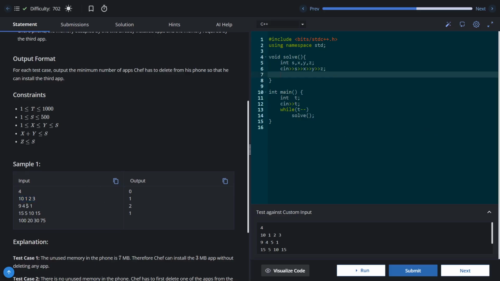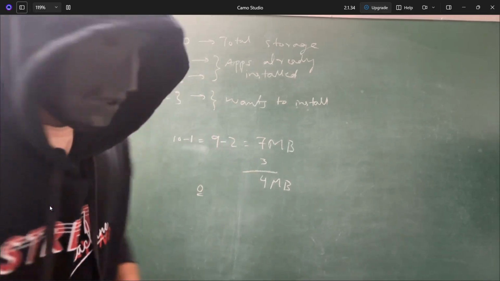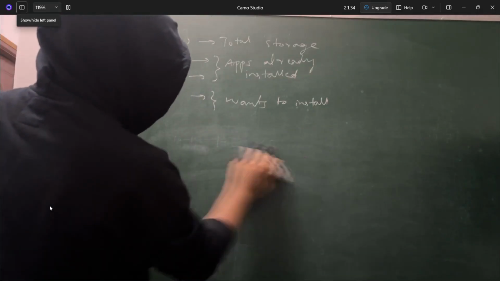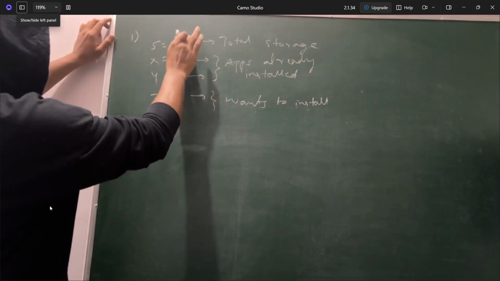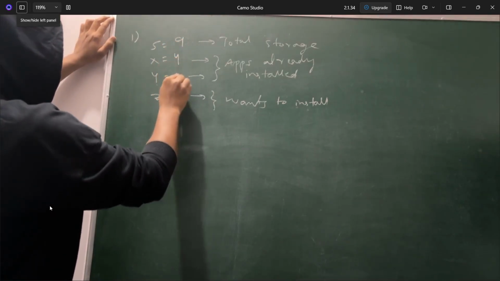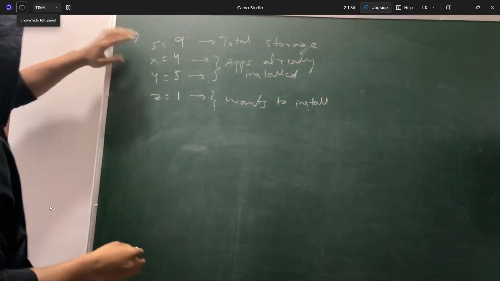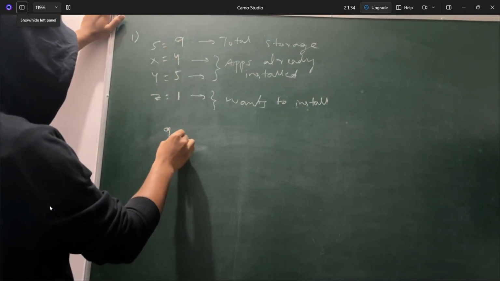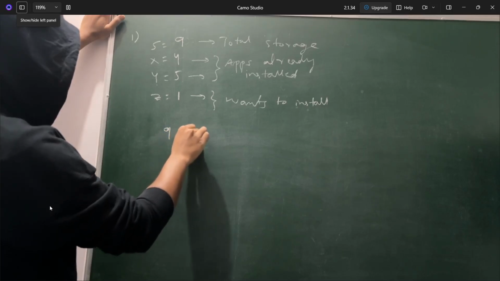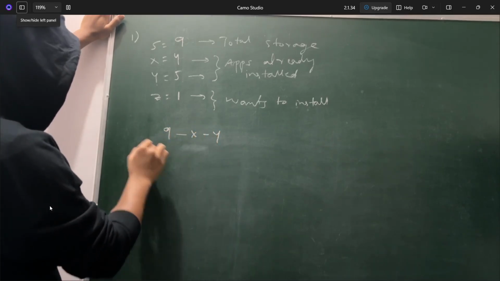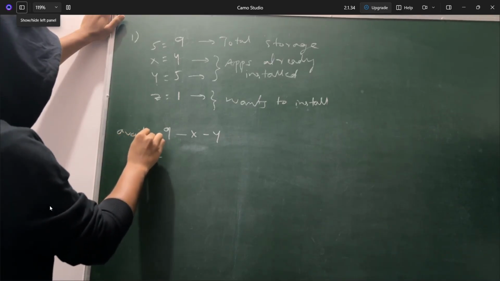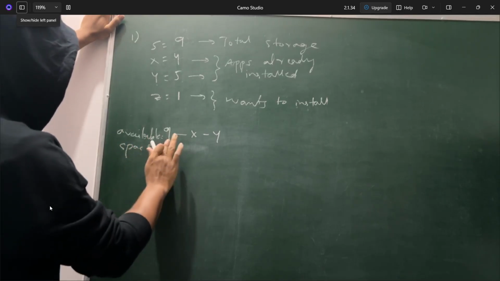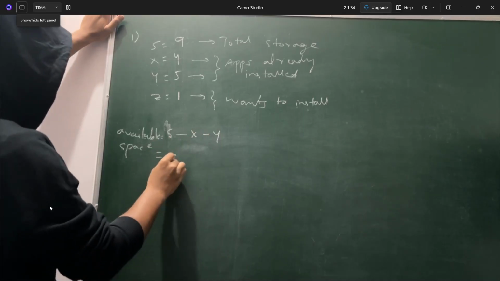Let's take the second example: 9, 4, 5, 1. So 9 is the total storage on his phone, and if you subtract X and subtract Y, the available space on his phone is S minus X minus Y. What is S? 9.